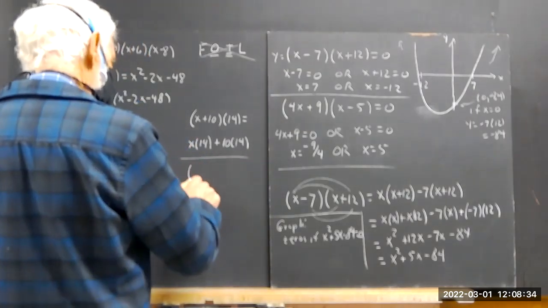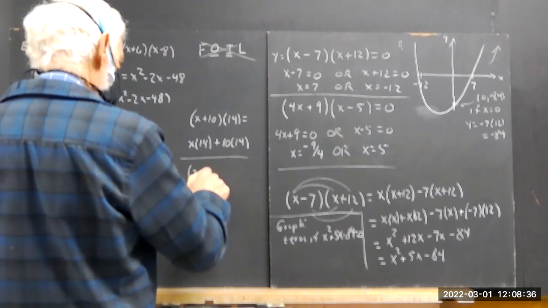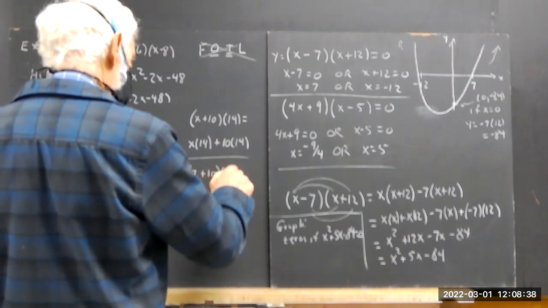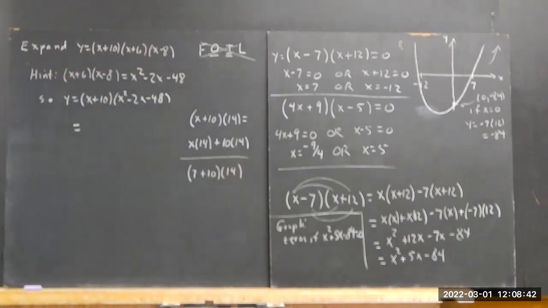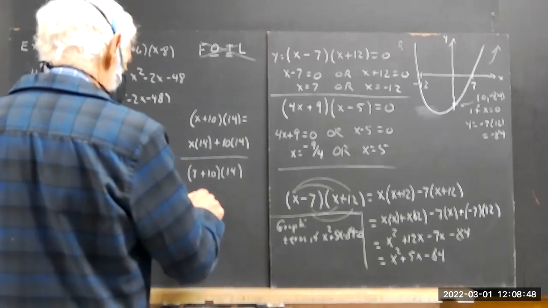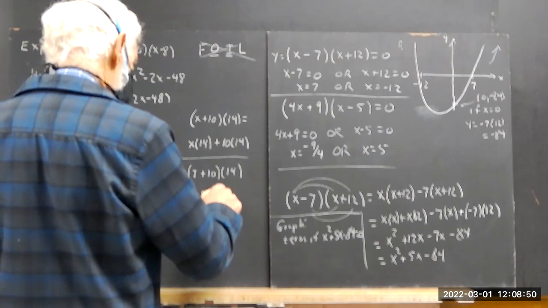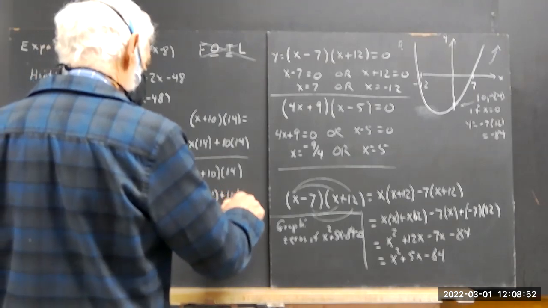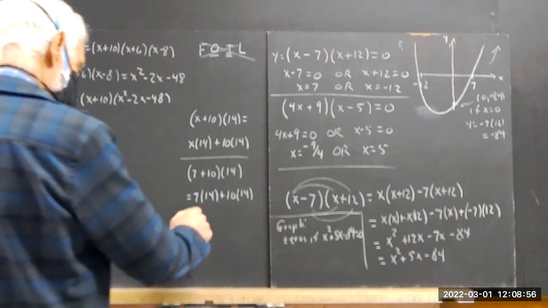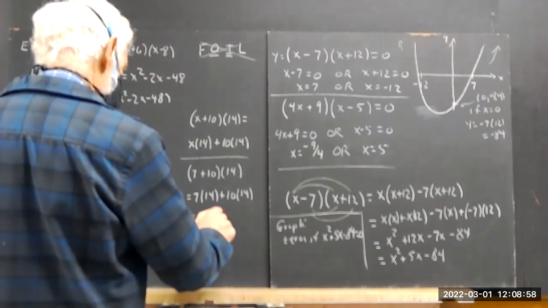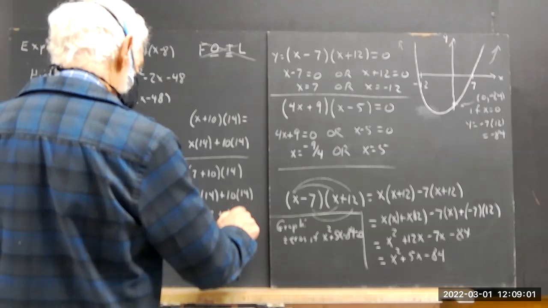With numbers, let's say we have seven plus 10 times 14. Okay? That equals 7 times 14 plus 10 times 14, which equals 98 plus 140.